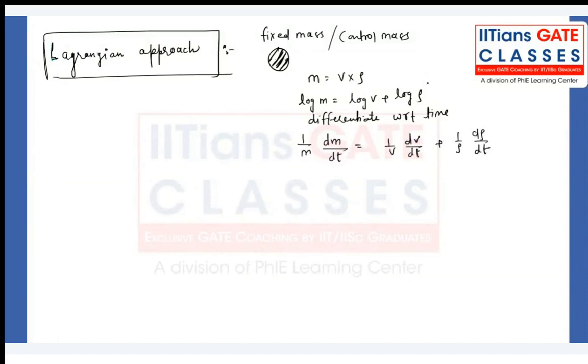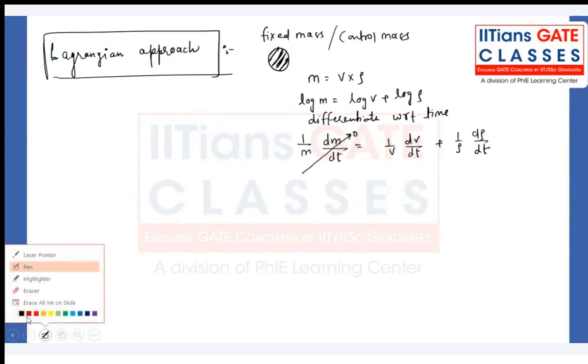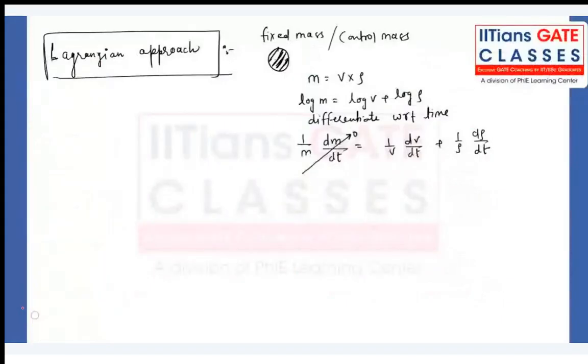Right? So this is what we are getting. The total change of mass of any body, any ball, whatever the mass is, cannot change with respect to time. That has to be zero, right? So we can write 1 upon v dv by dt plus 1 upon rho d rho by dt has to be zero.